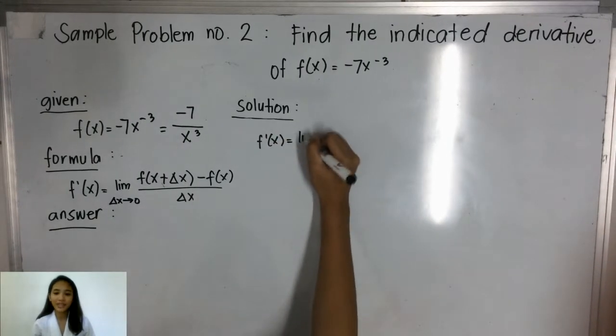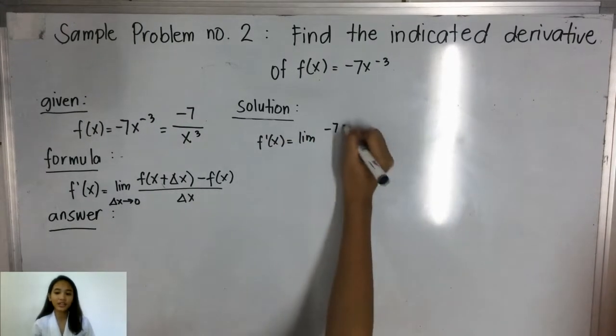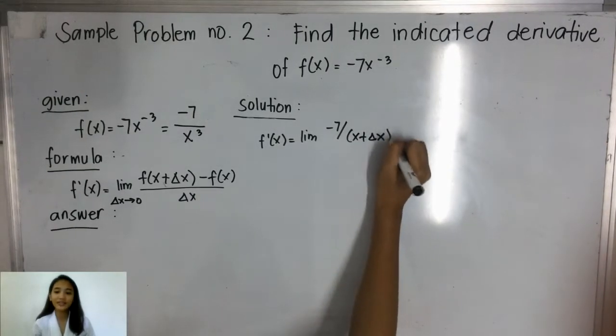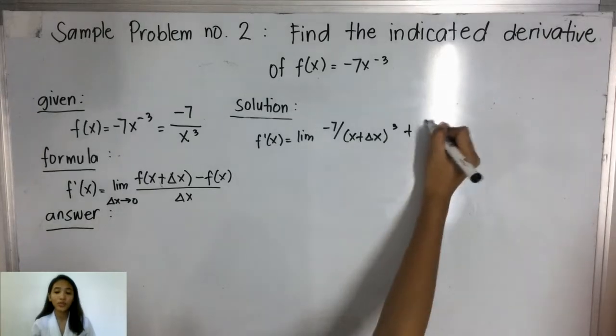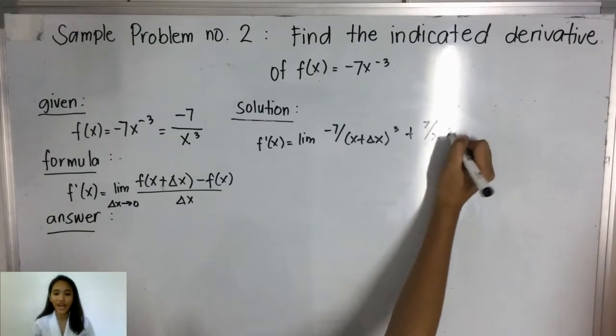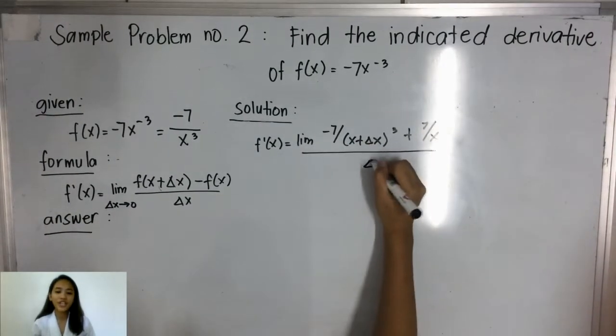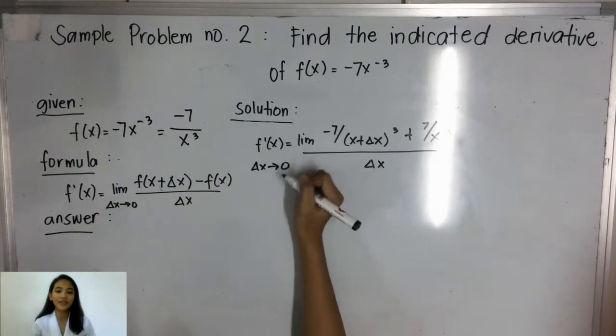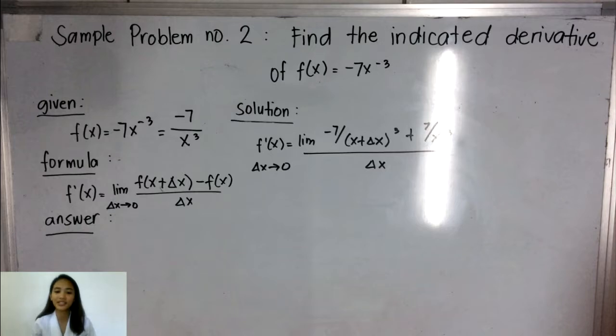The f of x plus delta x will be substituted to negative 7 over x cubed, and then negative 7 over x cubed will be substituted to this f of x. Now, we have here f prime of x equals the limit of negative 7 over x plus delta x cubed plus, since these signs are both negative, 7 over x cubed as delta x approaches 0.